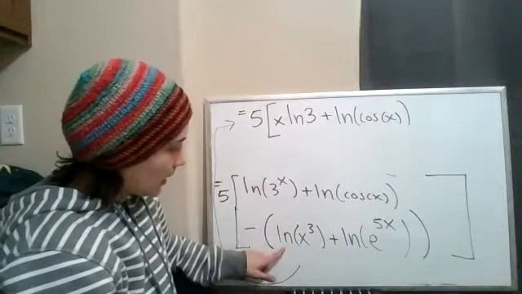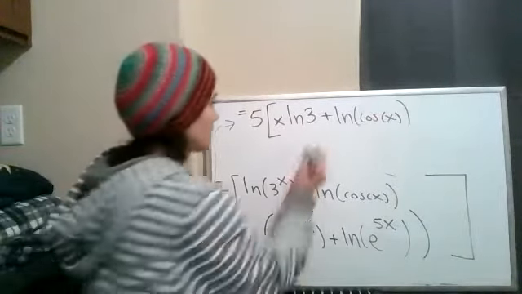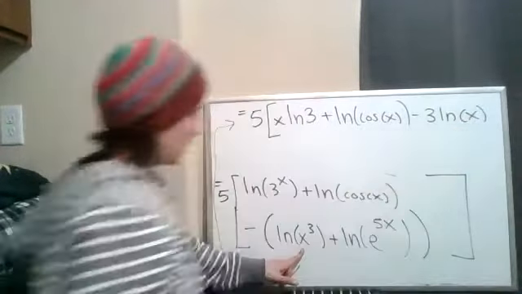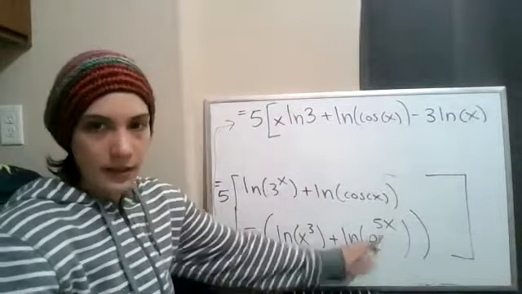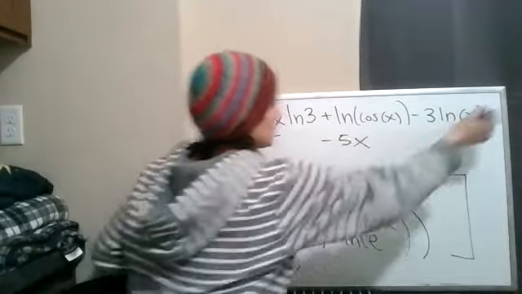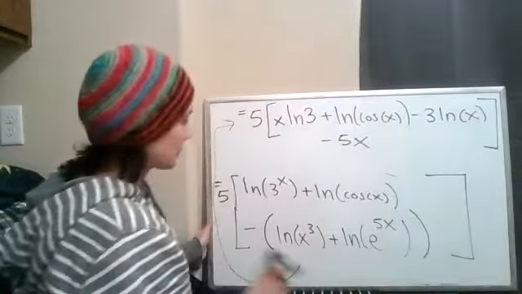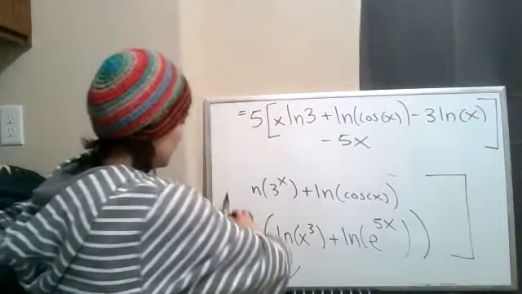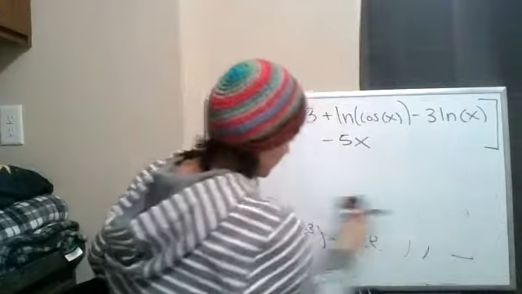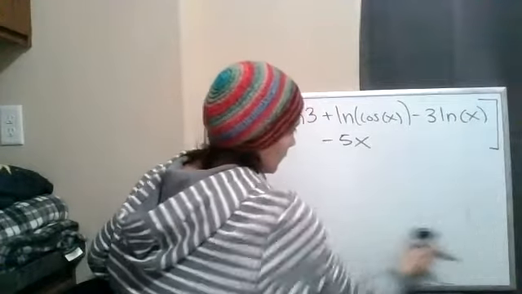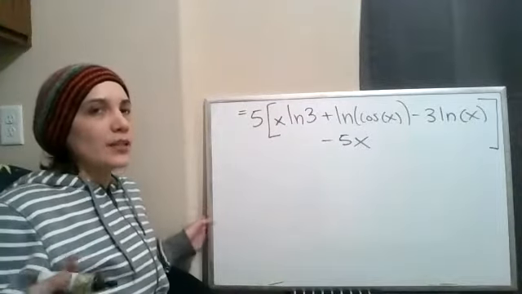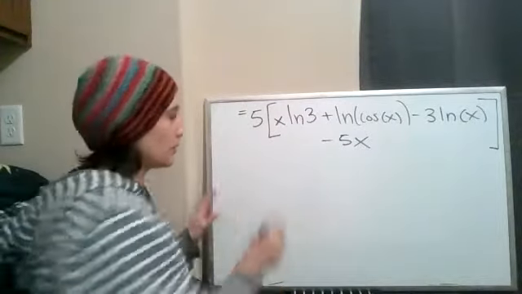Subtract 3 ln of x. Also subtracting 5x. Okay, so now we're actually going to find the derivative.